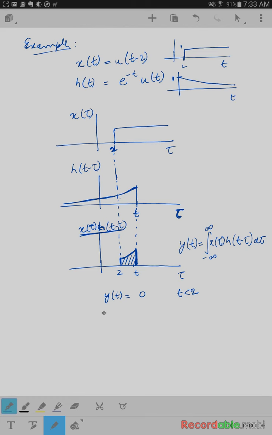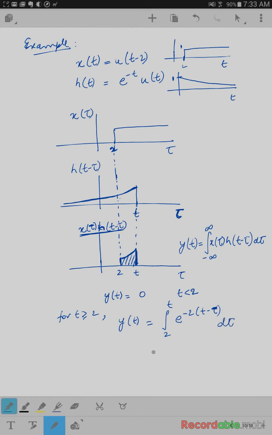But for t greater than or equal to 2, you do get something under the curve. So y of t is the integral from 2 to t of e to the power minus 2 times t minus tau. That's just what h of t minus tau looks like. Integration over d tau.